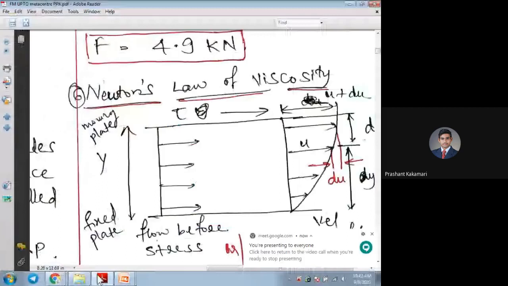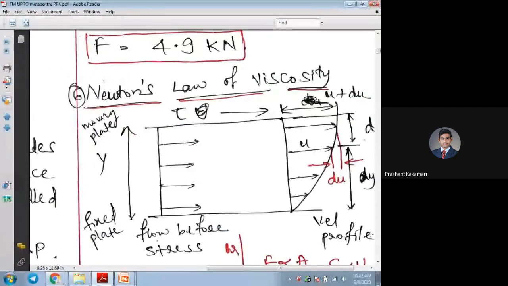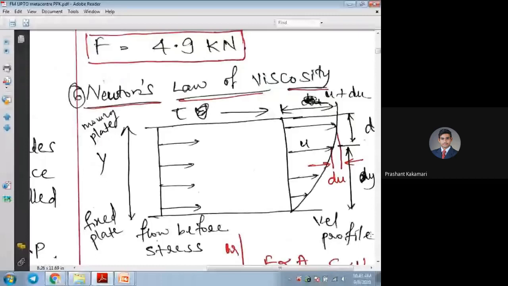So as per Newton, he has taken two plates. One is the fixed plate at the bottom, one is the moving plate at the top. So the 3D sketch I have shown earlier, that you can imagine. Now any fluid, if you consider, generally it is having some resistance to flow.